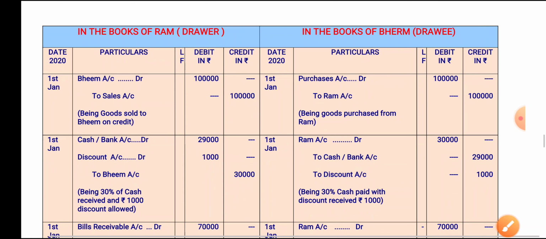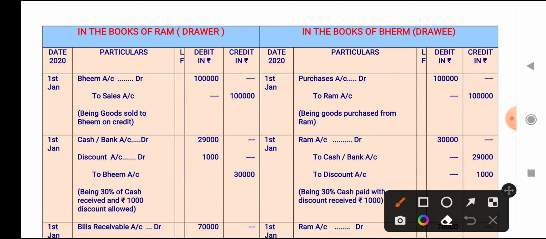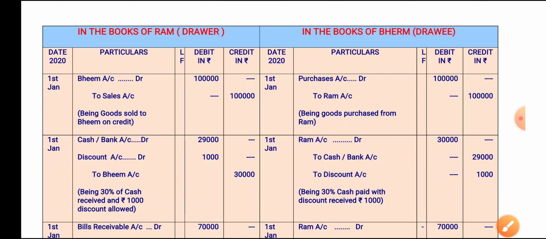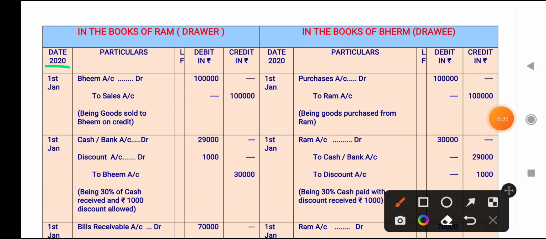So for your understanding purpose, I am making this simultaneously. Okay, you can understand better now. So date, particulars, LF, debit, credit, date, particulars, LF, debit, credit. This is in the books of Beam, this is in the books of Ram.